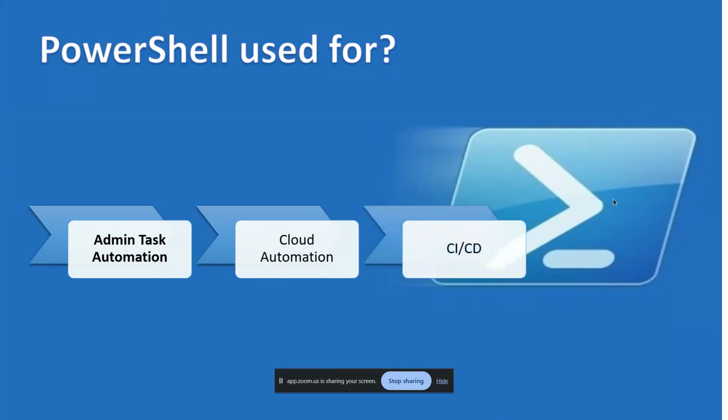And we have CI/CD, that is the DevOps part, right? In the DevOps part, Azure DevOps, we will use PowerShell if you want to design a complex CI/CD. Apart from that, you can use PowerShell wherever Windows is being used.